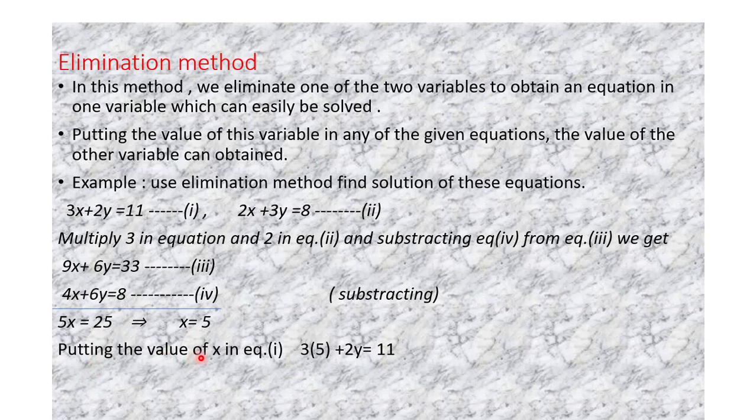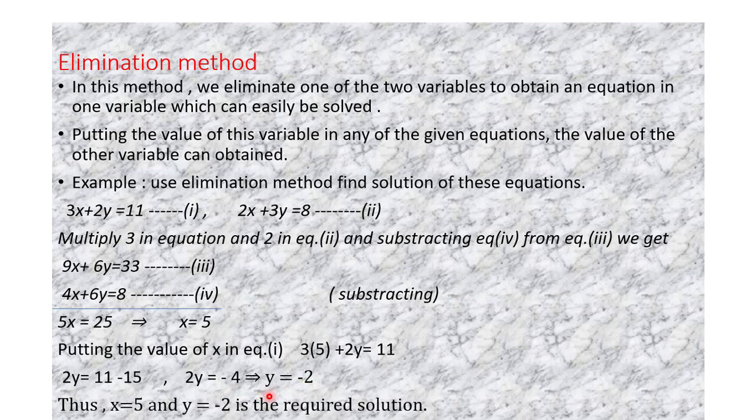Putting the value of x in equation 1, 3 into 5 plus 2y equals 11. 2y equals 11 minus 15. Then 2y equals minus 4 and y equals minus 2. Thus x equals 5 and y equals minus 2 is the required solution.